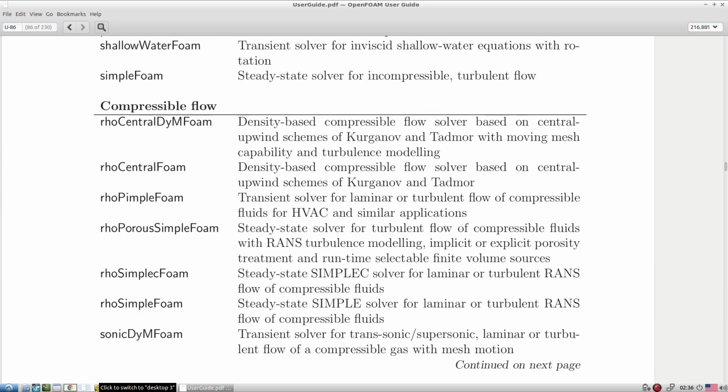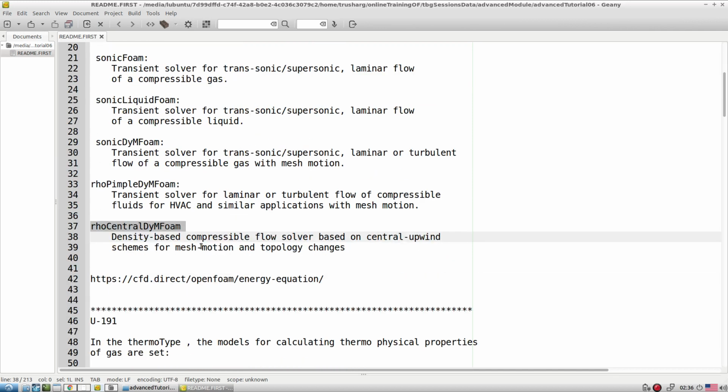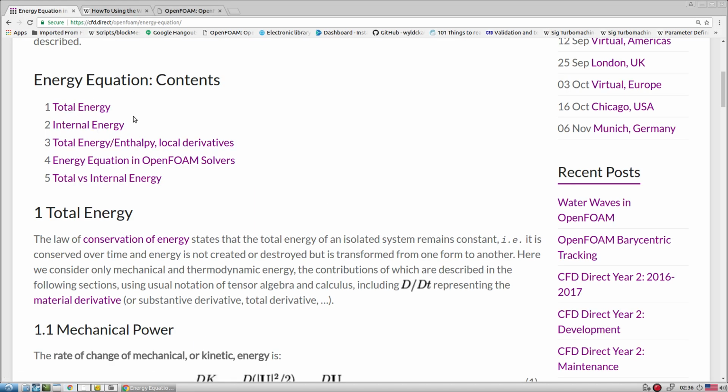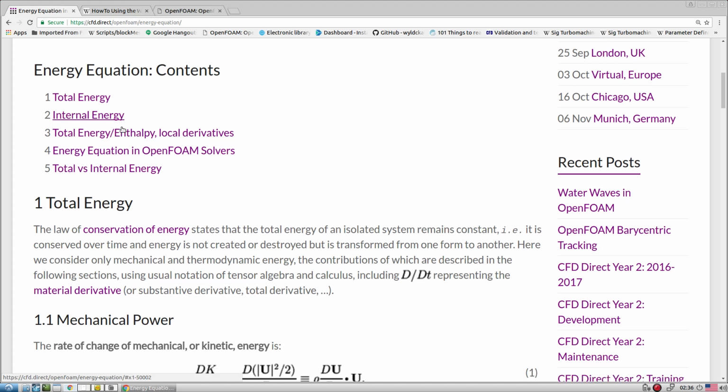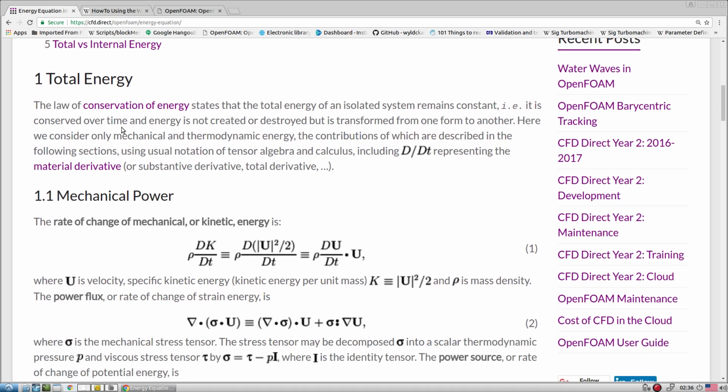Now when we talk about compressible flow, we always have to take into account the energy equation. So let's first explore how the energy equation looks inside the solver. For that, let's go to this web page. Here I opened that. So energy equations: either we work with the total energy or only kinetic energy or only mechanical energy. There are a couple of options.